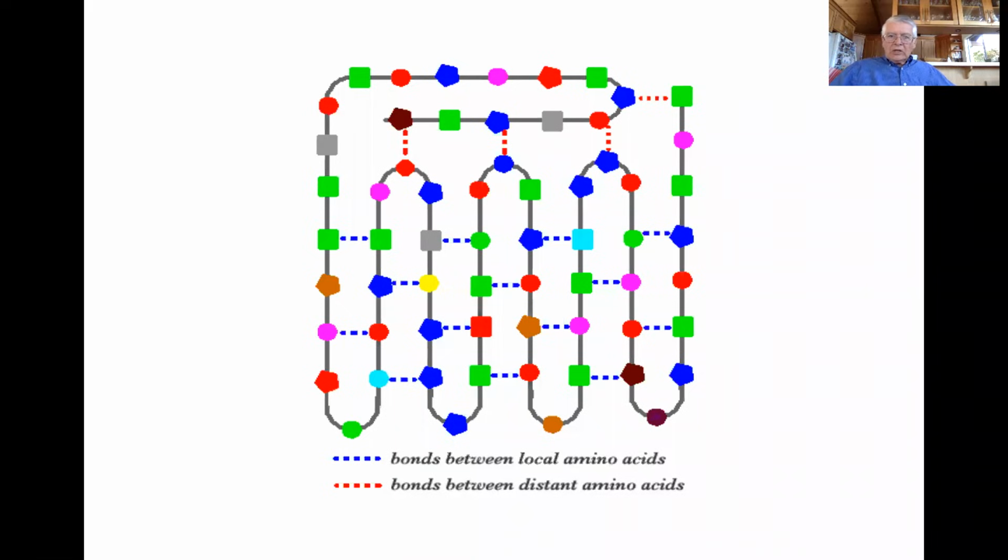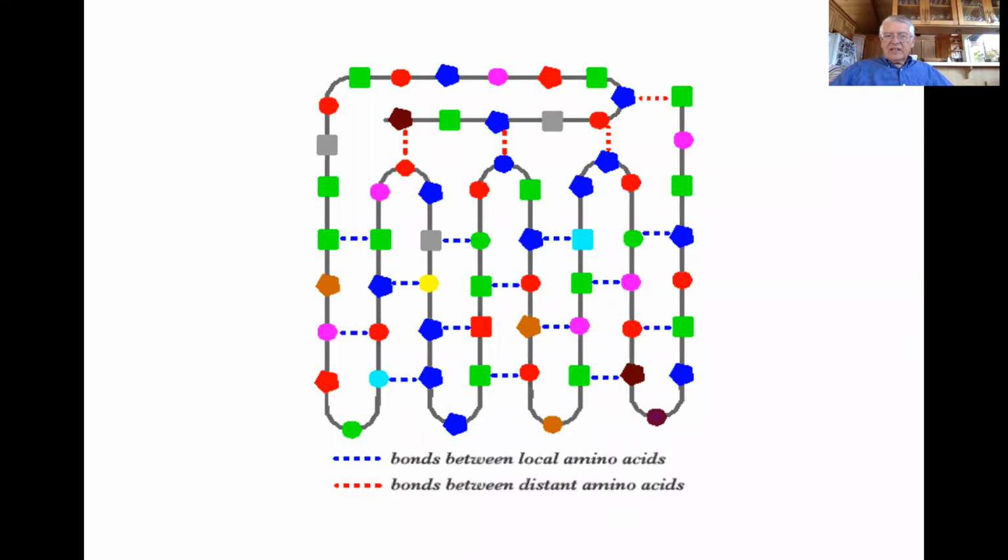So let's look then at this final step, which is the production of the protein and the function of the protein. In this cartoon, I just want to illustrate the fact that this strand of amino acids will have some that, for example, in some cases, one of them might be positively charged and the other negatively charged, so they will stick to each other.